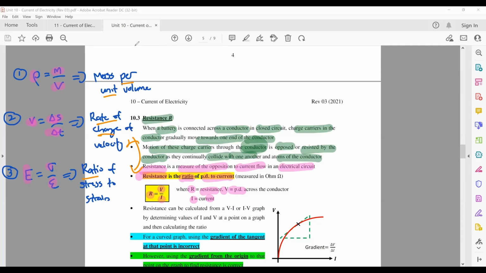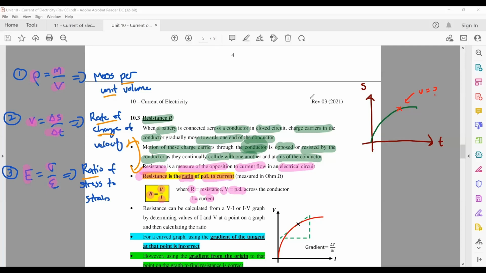Because if I give you a graph of displacement versus time, and I tell you that you have a graph that looks like this, and then I ask you, what is the velocity at this point?